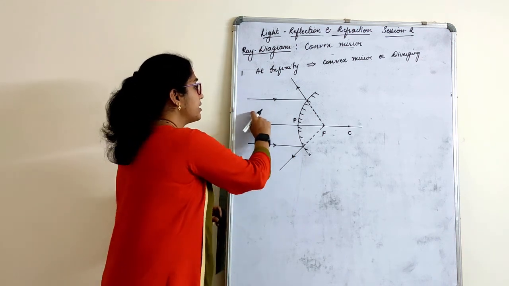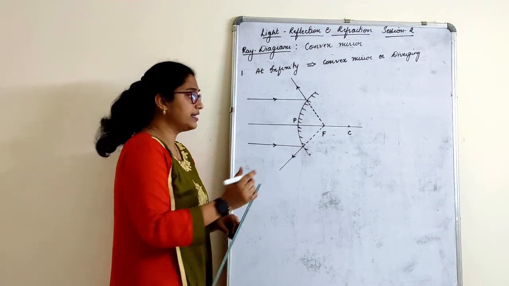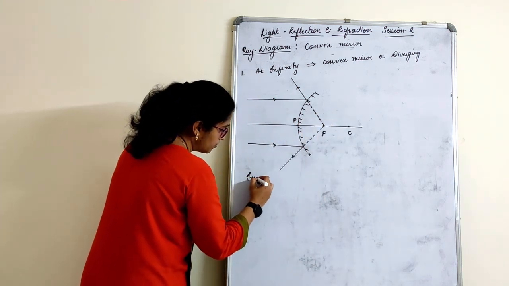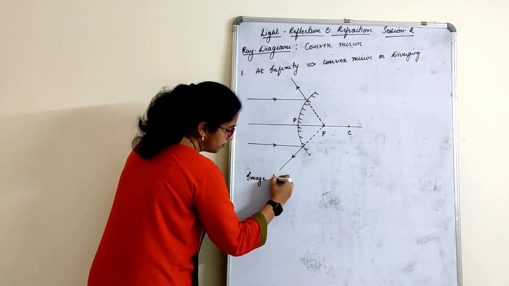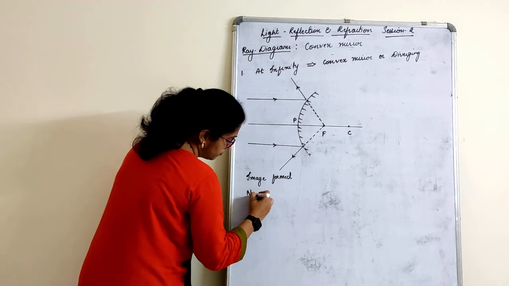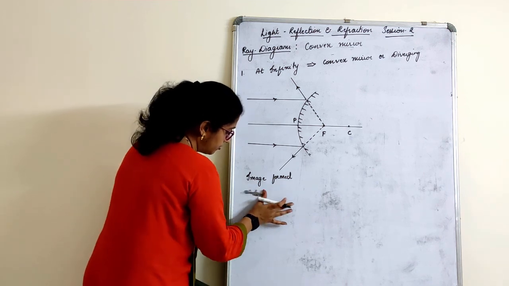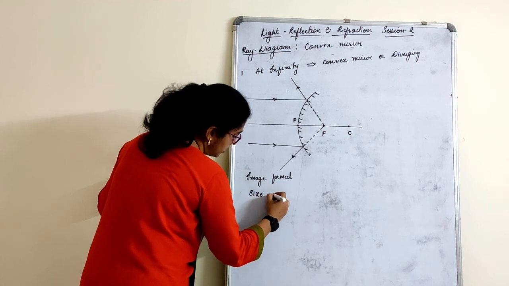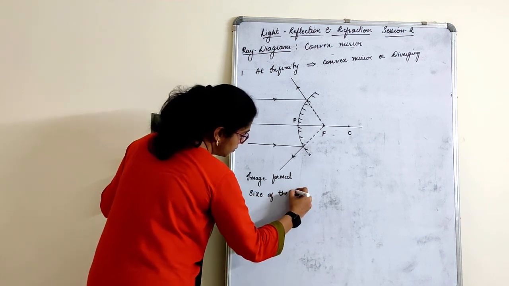Two more if you want, you can show here for divergent, right? Where is the image formed? Size of the image.